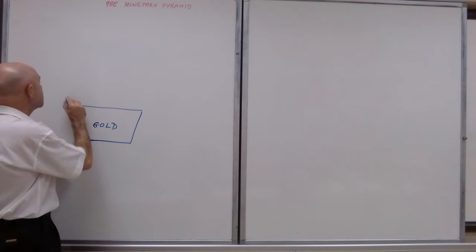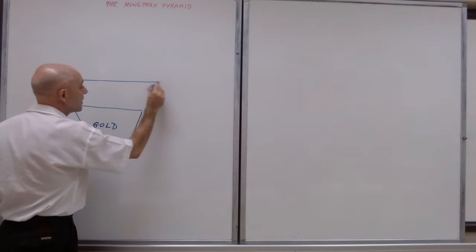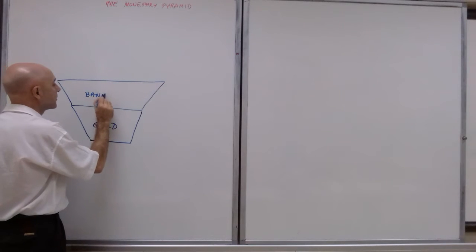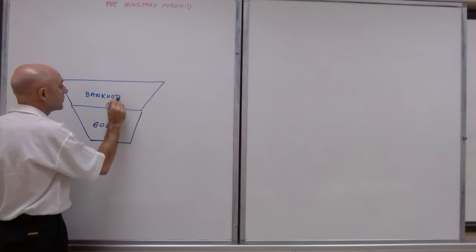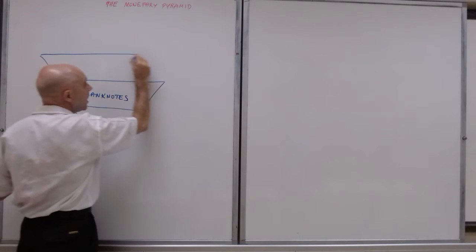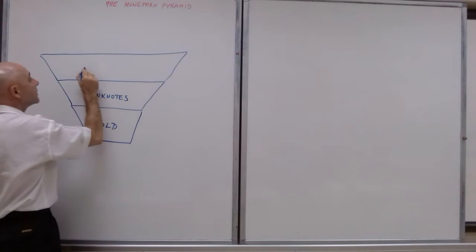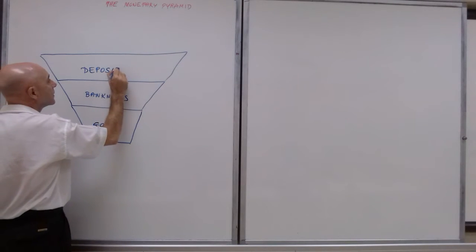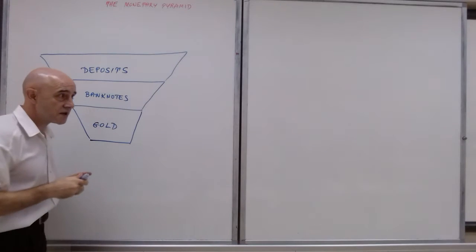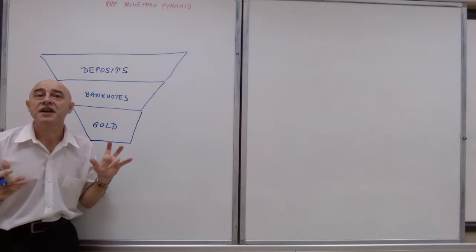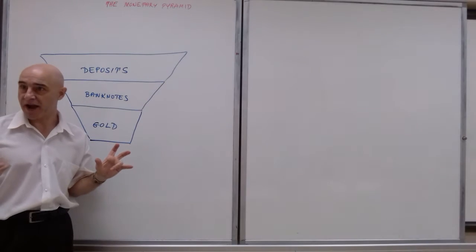The next piece of the pyramid is banknotes. And the last piece of the pyramid are deposits.